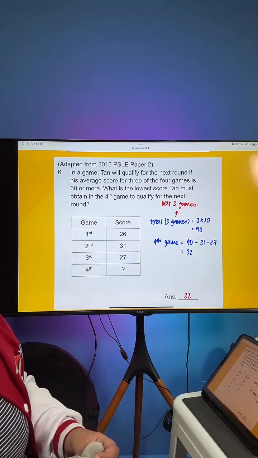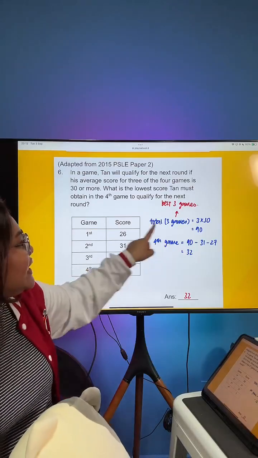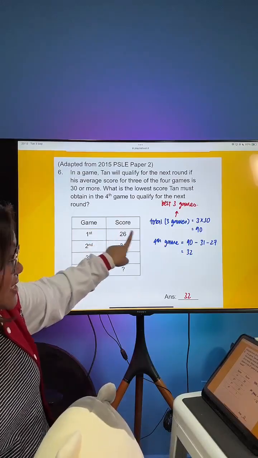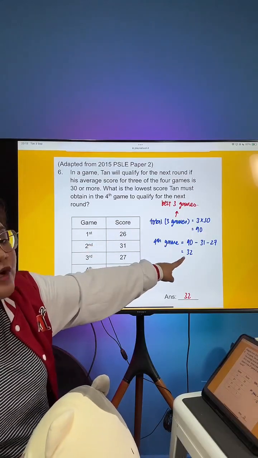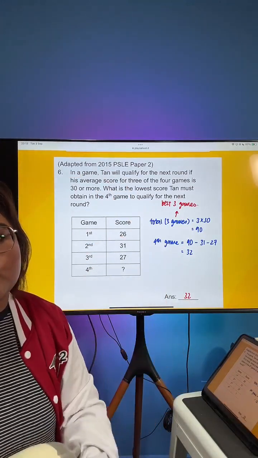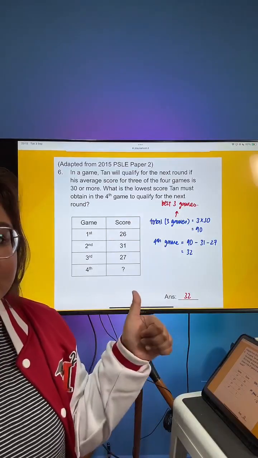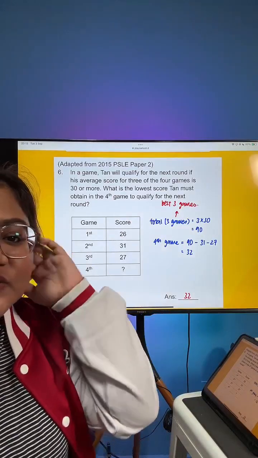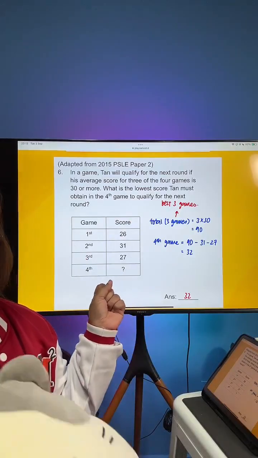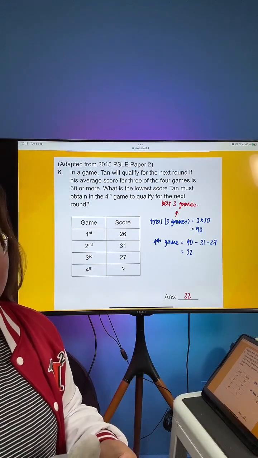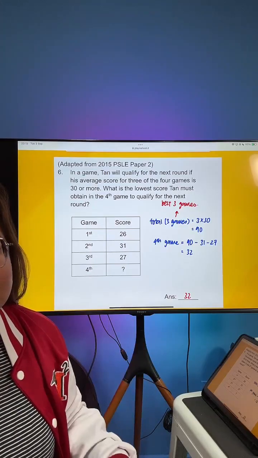Got it? Because if you use any other numbers here, like 26, that means we minus less, which means our 4th game must be even more than 32. Alright? Got it? This also came out in Arash's time practice in term 2. PSLE. So we must know this, okay?